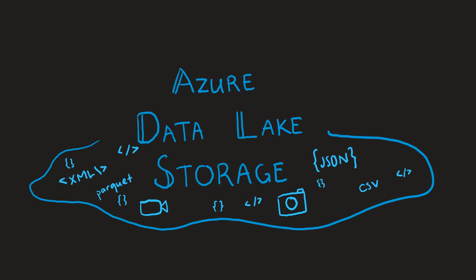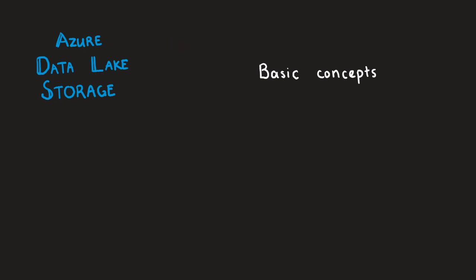Because this is one of the major parts when we're talking about data platforms, whether it's smaller data or even big data architectures. Data Lake Storage is one of the core concepts that we're using. So we're going to start with some basic concepts so that we make sure that we're all on the same map and talking about the same thing.